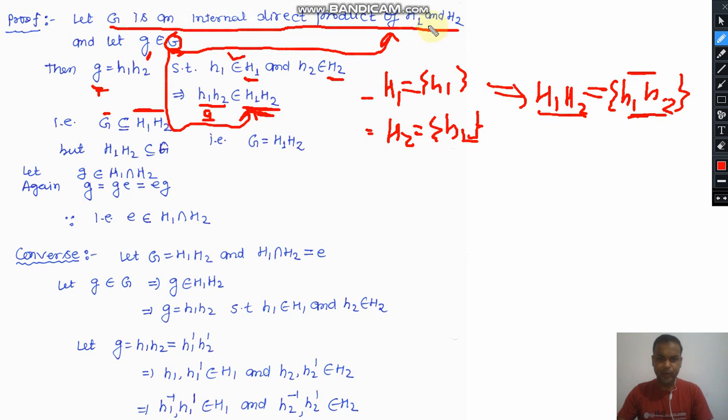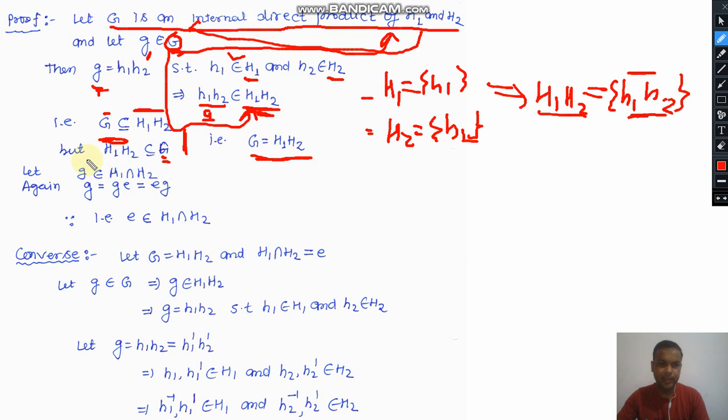It means the product of H1 and H2 is generating G. So H1H2 may be a proper or improper subset of G. So H1H2 can be treated as a subset of G. By using these conditions, we can say that G is equivalent to H1H2.